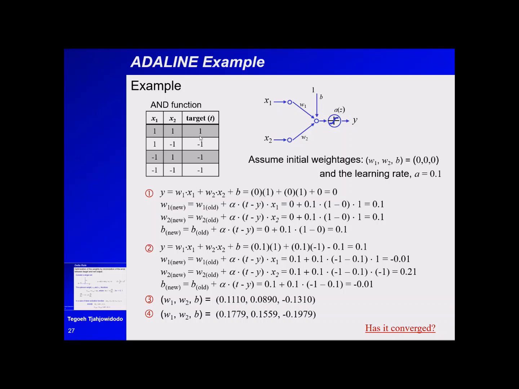So apparently these three weightages have already converged to the optimal weightages.